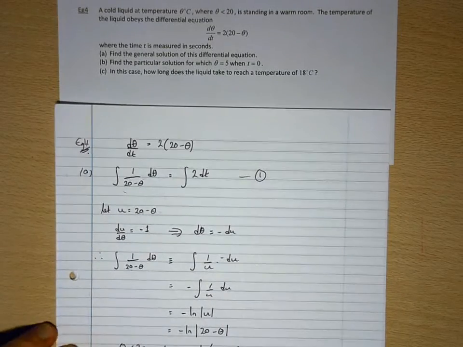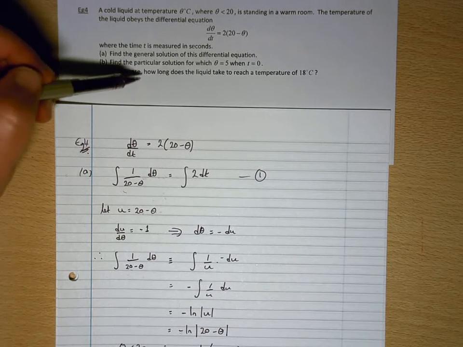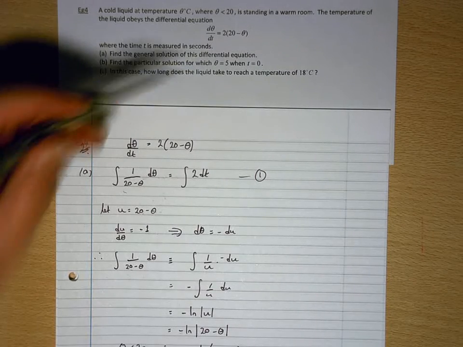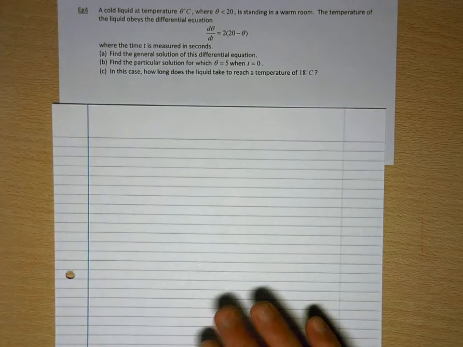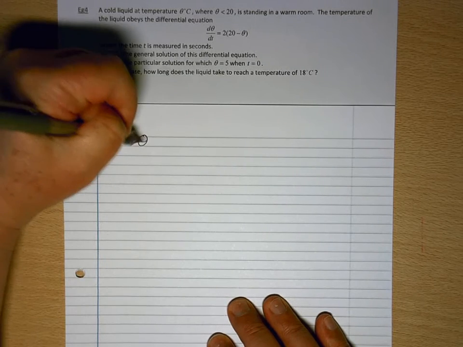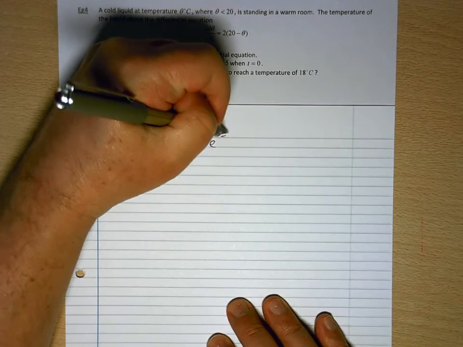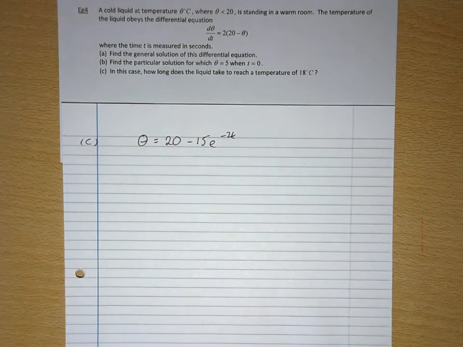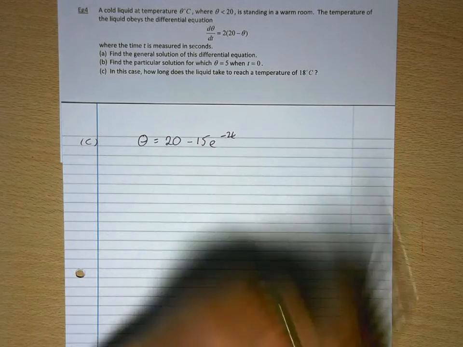And then part C, in this case, so that means we can use that particular solution. How long does the liquid take to reach a temperature of 18 degrees C? So if I rewrite my particular solution, so I don't have to keep flicking back. Okay, so that's the equation we're working with, and I want to find out what t is for theta equals 18.